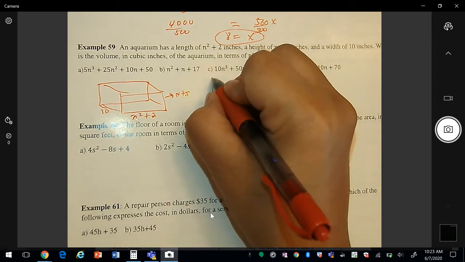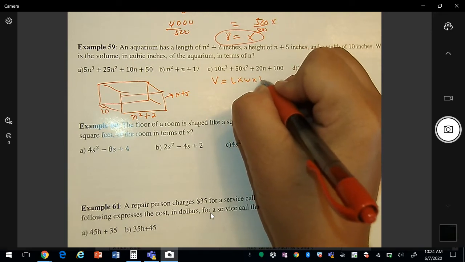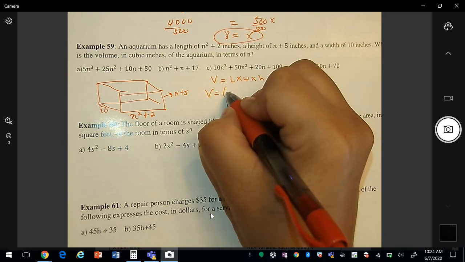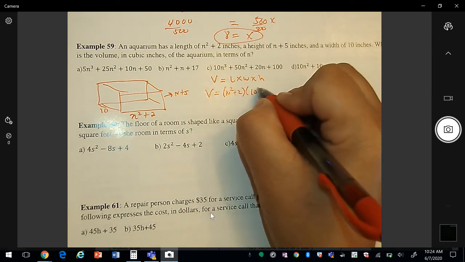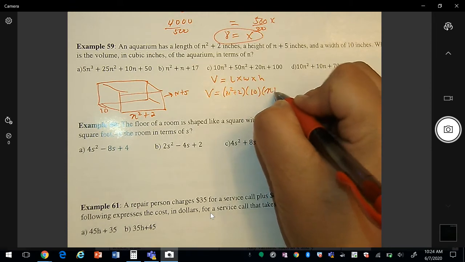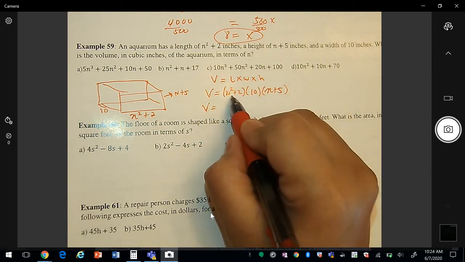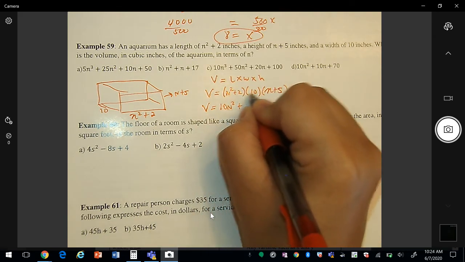So the volume of a rectangular solid is length times width times height. So we want to find the volume. The length here was n squared plus 2. The width is 10, and the height is n plus 5. So we multiply these out. So we get n squared times 10 is 10n squared plus 2 times 10 is 20.